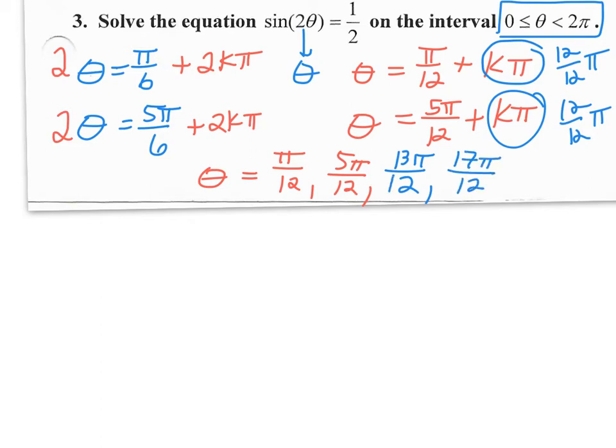And that's still not 2 pi. Let's just try one more. If I take my 13/12 and add 12/12, I have 25/12 of a pi, which is over 2 pi. Since I have to stay on the interval, I'm not going to count that last one, and I'm only going to box these first 4.